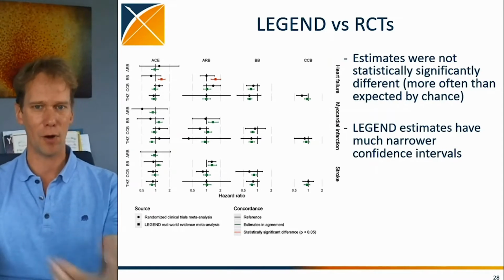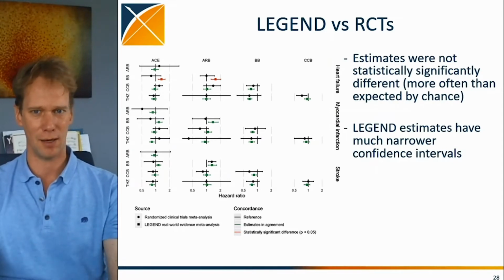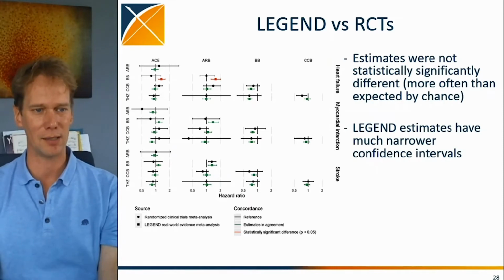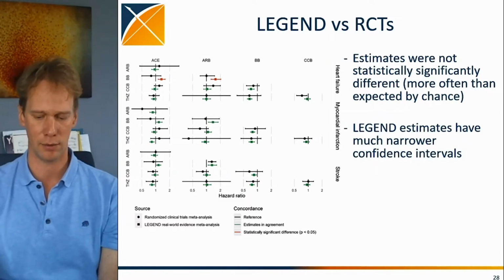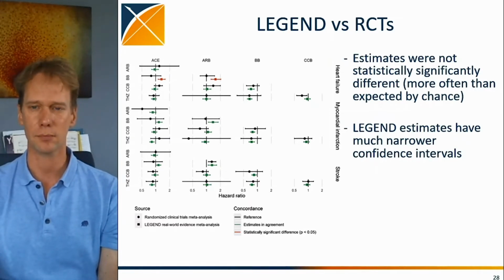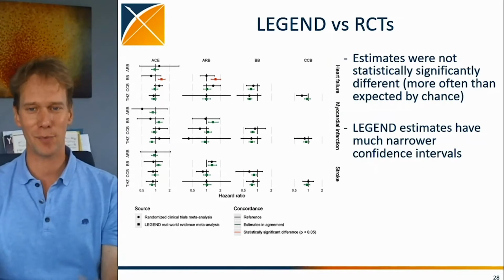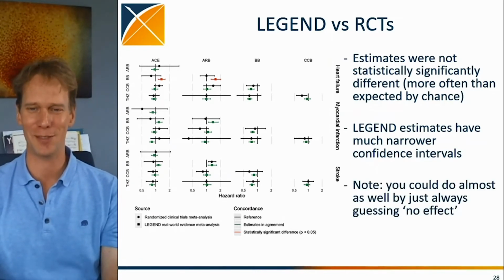So even though we're in agreement with the RCTs, you could argue that there actually is a lot learned by the LEGEND study in that we have a much clearer idea of the effect size. Now, we do need to make one note just to dampen everybody's enthusiasm.